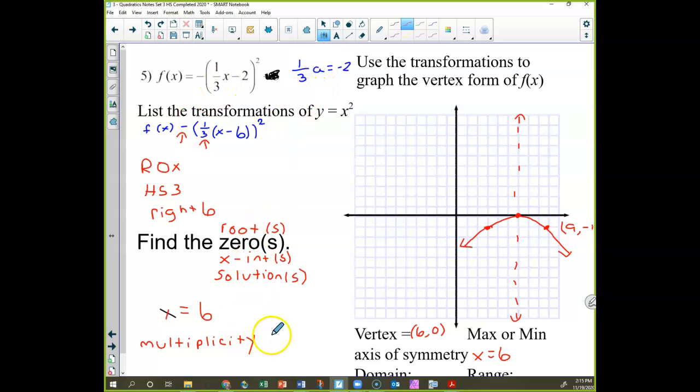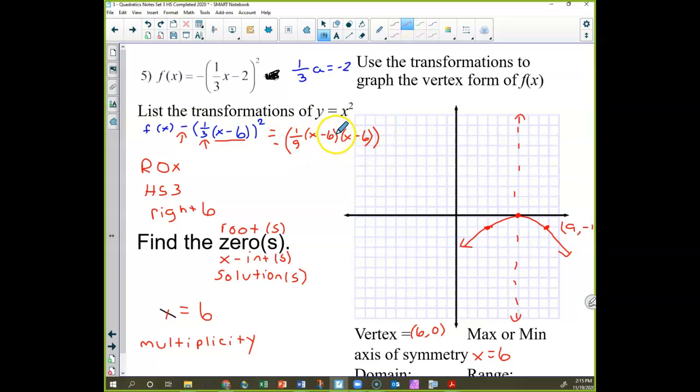We've been talking about multiplicity meaning how many times a factor is repeated. How many times in this problem do you have x minus 6? You have it twice, right? Squared. You actually have x minus 6 times x minus 6. Now, I actually also have a third times a third. I'm going to write that as a ninth.